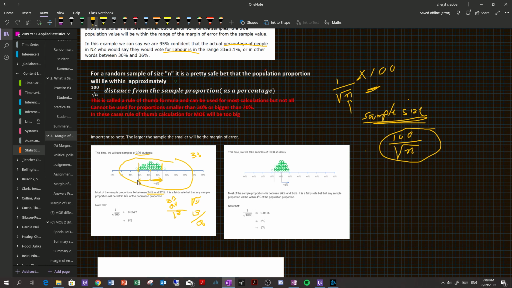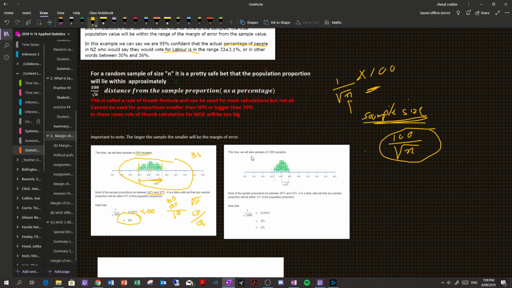So plus or minus that 6%. We'll have a proportion that's sort of in the middle, and then something that's about 6% higher or 6% lower than that. And so we can calculate that margin of error based on the sample size by simply doing 1 divided by the square root of 300. We square root the sample size, we times it by 100, and we get a percentage. So about 6%. So that's what's going to happen for a sample size of 300.